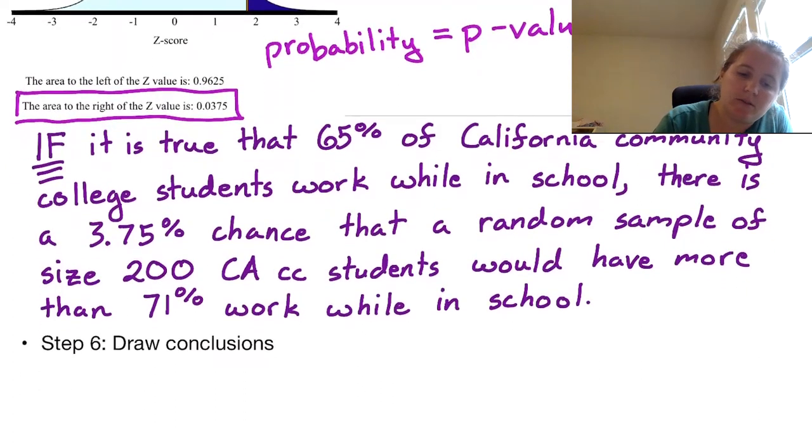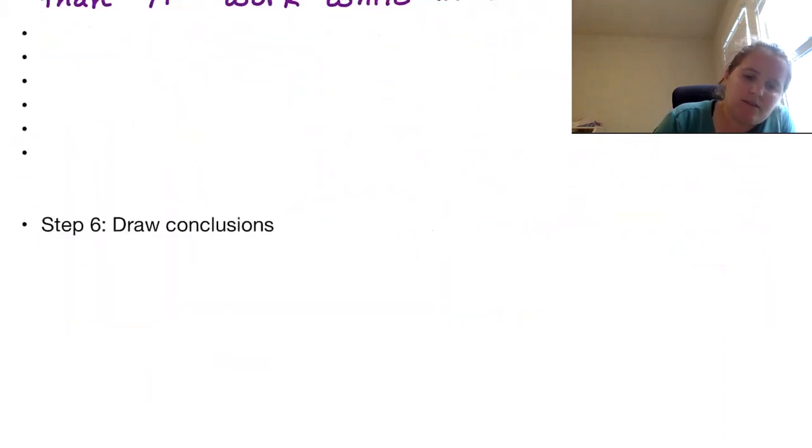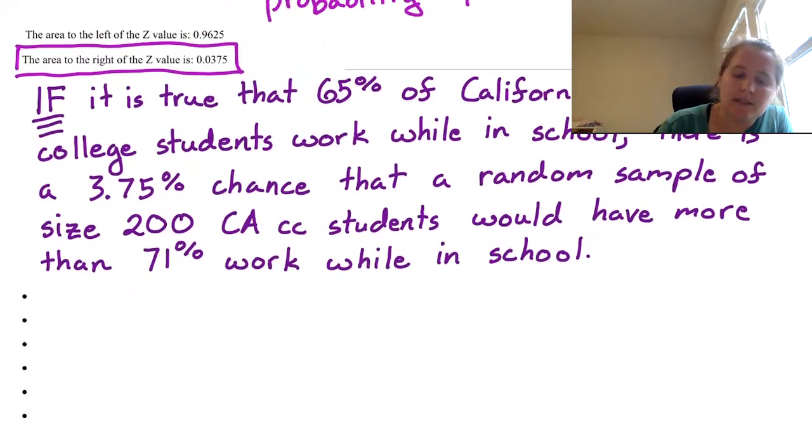I'm going to give myself a little more room here. I apologize. I'll just ignore the rest of the stats. All right, so we have this statement here. A 3.75% chance of getting a sample like ours or more extreme is a pretty slim chance.